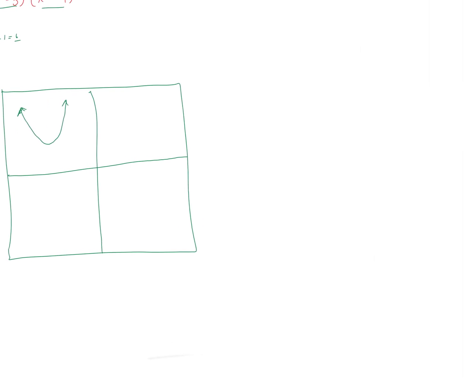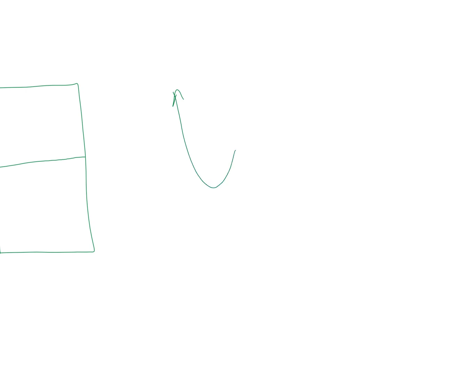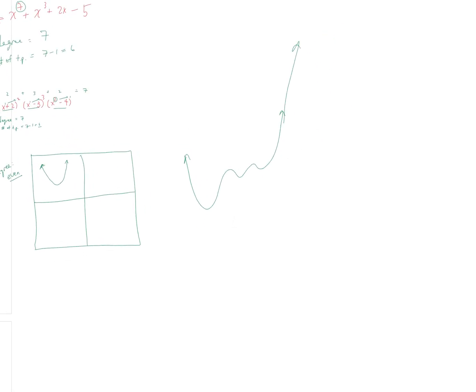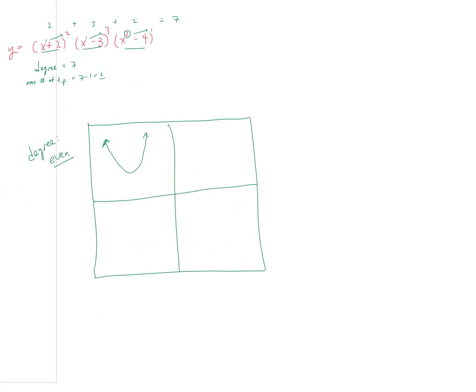Now, would it look exactly like a parabola? No. Let me just show you what I mean. It can look like this. You know what I mean? But from far away, you look at that and you're like, it's a parabola. So it's not exactly a parabola, but the point is, it's a parabola in a sense, right? It has both directions, left and right sides, going up. Well, I'll give you further details.